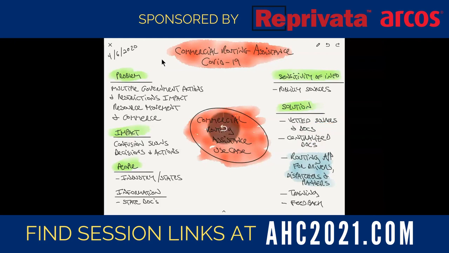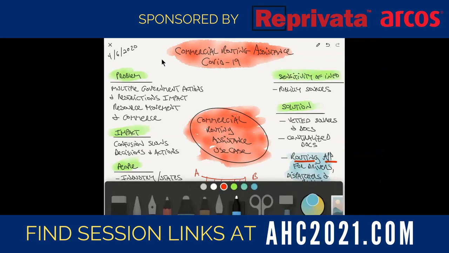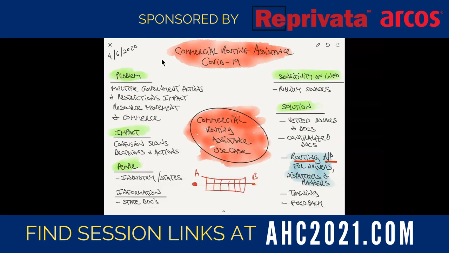What we're looking at now is creating a routing app. The routing app will focus on this: if I want to go from point A to point B, and I'm going to go through a number of states that all have different issues going on with regards to restrictions, how do I know which ones have which restrictions in place, and how do I route through and around those to get to my place the safest?